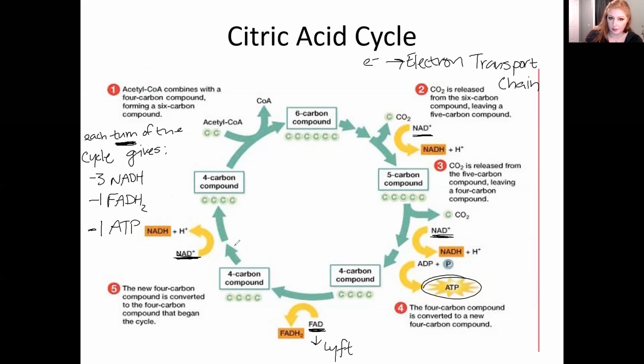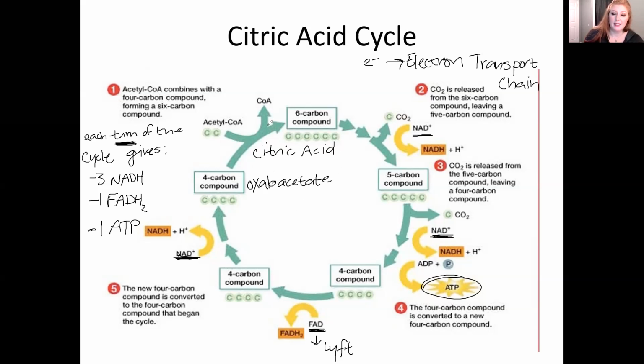Start with the carbons. 2 carbon acetyl-CoA comes in. The coenzyme A drops off. It goes back to the pyruvic acid grooming. And it leaves our 2-carbon acetic acid here. Our 4-carbon oxaloacetate comes around the cycle and it picks up our 2-carbon acetic acid to make a 6-carbon citric acid.